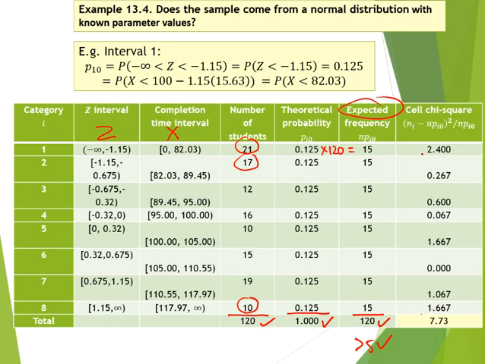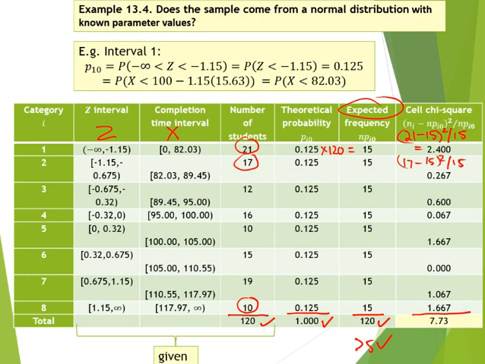So 21 minus 15 squared divided by 15 is 2.4. And this is 17 minus 15 squared divided by 15 and so on. And that gives you, in the end, a value of 7.73, which is your test statistic value.